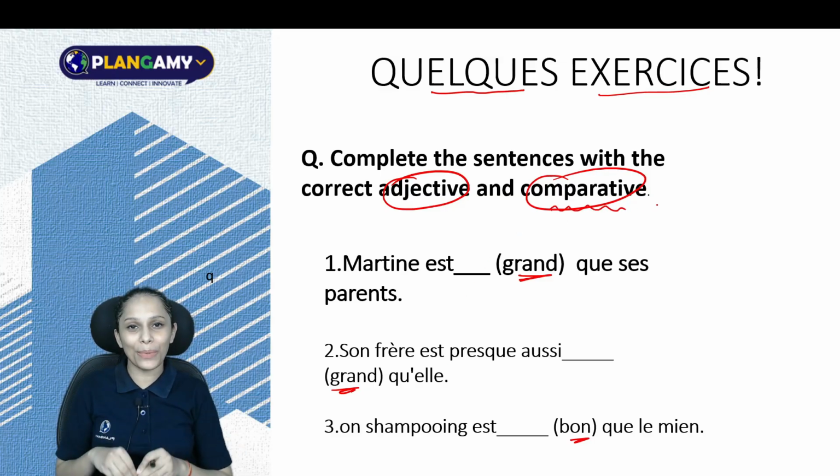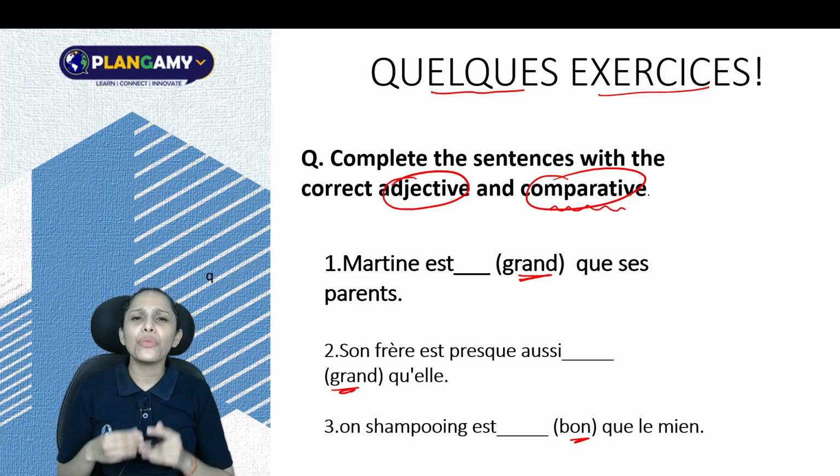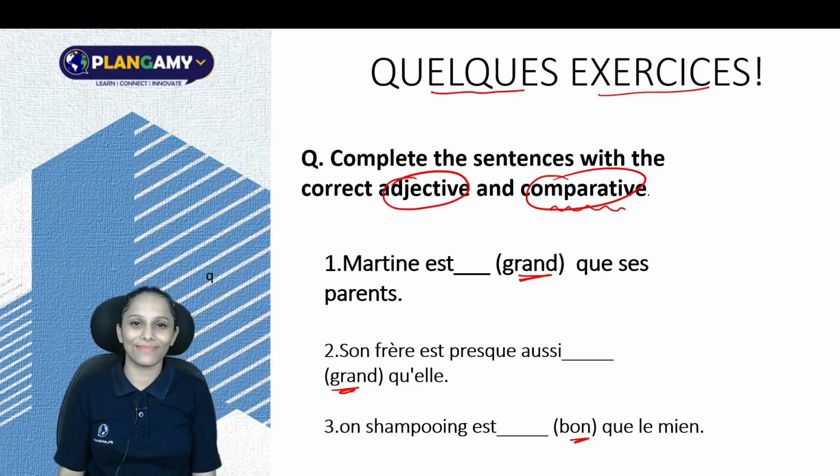Do you remember the comparatives? That is plus que, moins que or aussi que. Now, if you want, you can pause the video for a couple of minutes or for 10 minutes and you can write down your answers on a piece of paper. Please pause the video.